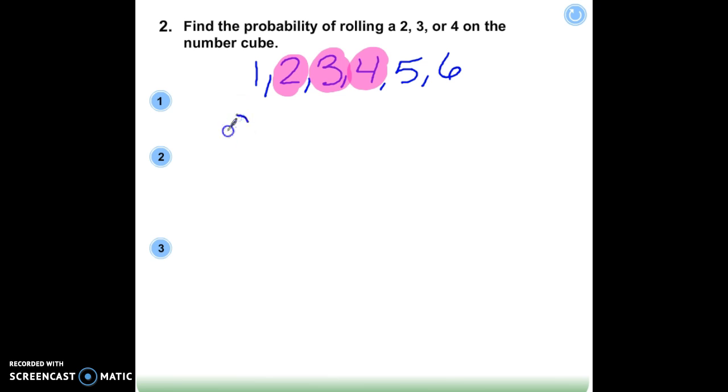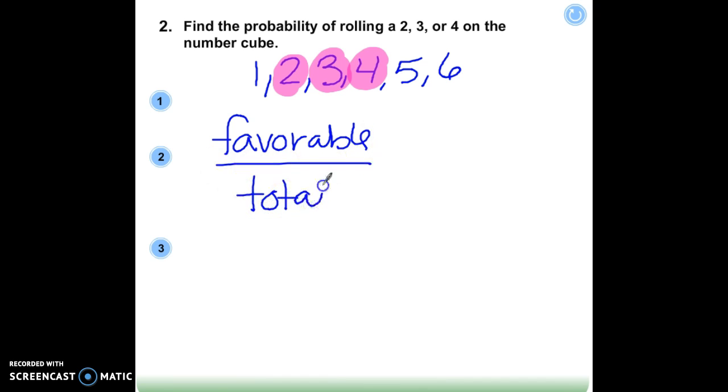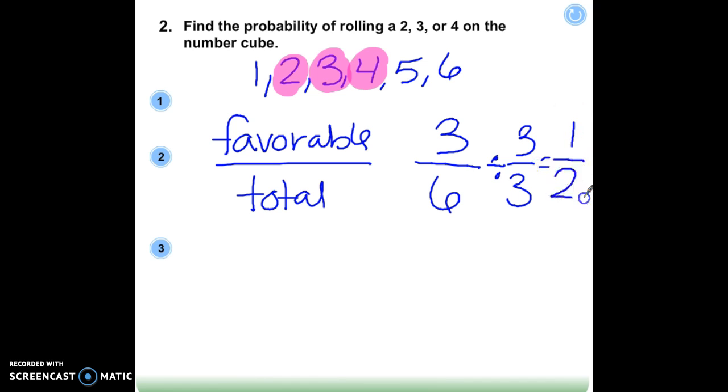Again, we're going to write our favorable over our total possible outcomes. So you can see we have 3 favorable over 6 total. This fraction can be reduced by dividing both the top and bottom by 3. 3 divided by 3 is 1. 6 divided by 3 is 2.